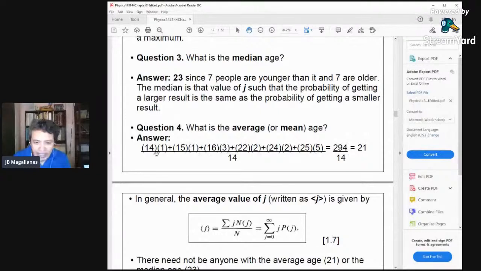If you add this, you will get the mean age of 21 for all 14 people. So that's the mean age, that's the average.